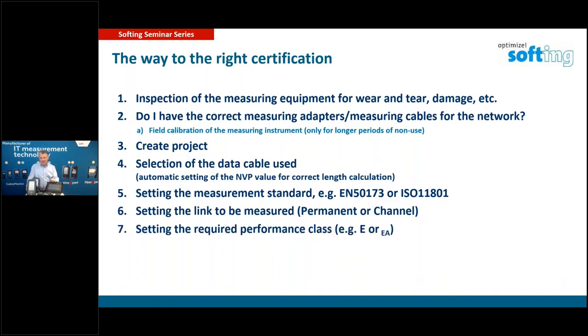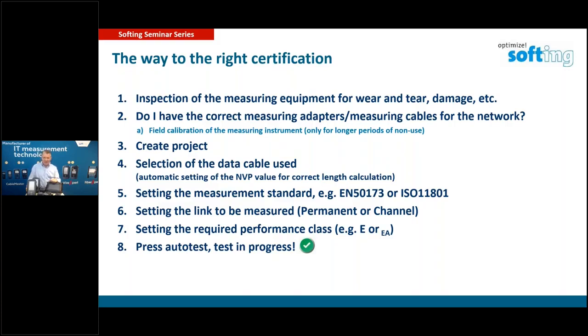You have to choose the performance you would like to have. Is it an E performance, which means Cat 6, or EA? I'm sorry, the E should be in capital letters there. And then press auto test, and if you get a green sign, everything is okay because the test is done.